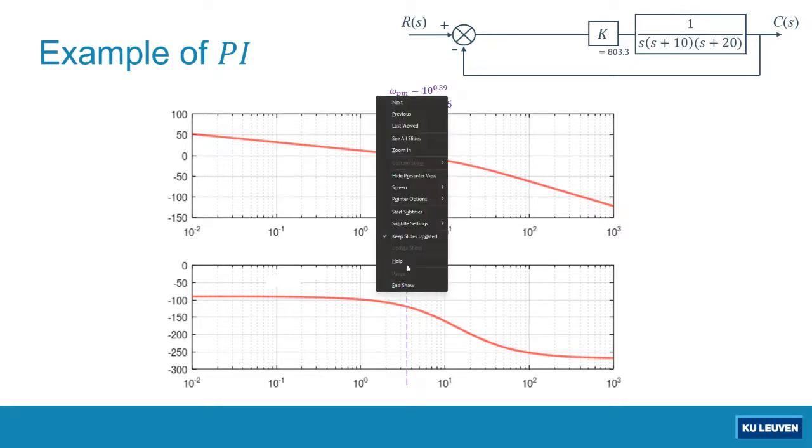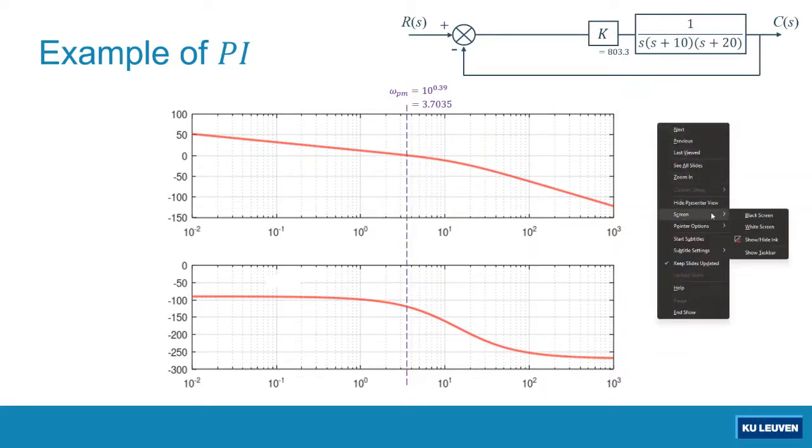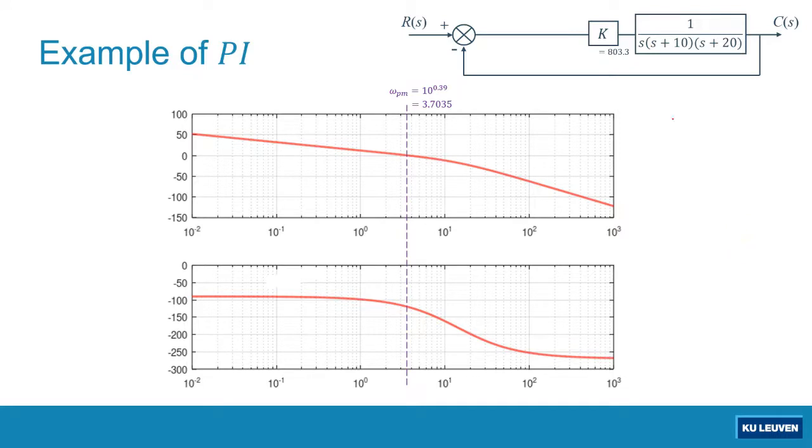You still remember, I have to write it again here. The PI controller looks like this: K or KC is just the gain of the PI controller, times s plus ZC over s, right?